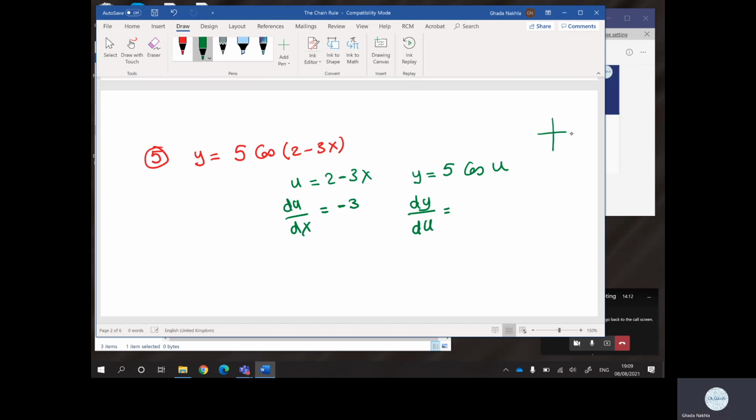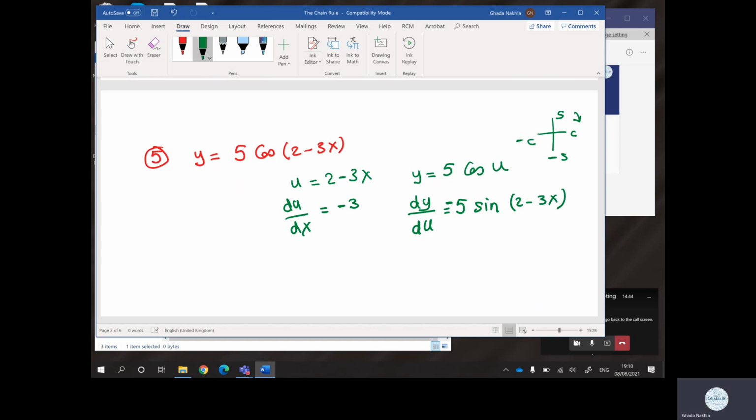Let's try it again. Positive x-axis, cos, negative x-axis, minus cos, sine, negative y-axis, minus sine. You differentiate this way. So cos differentiates to minus sine. So I'm going to have a 5 minus sine u, and u is 2 minus 3x.